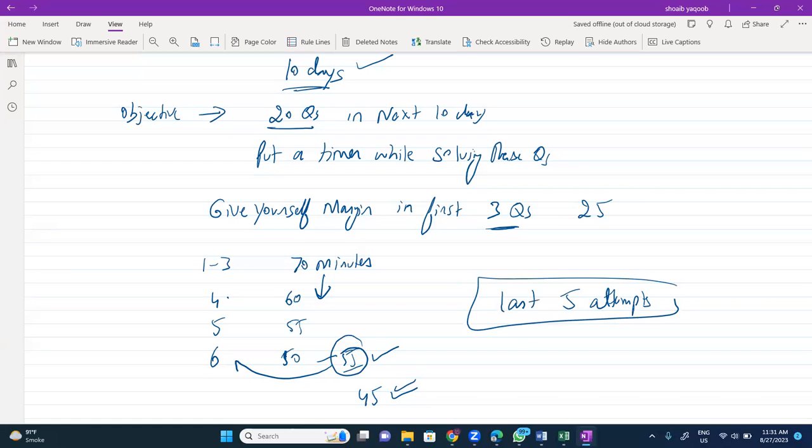If you're able to do that, increase the attempts: last 6 attempts, last 7 attempts. That is okay. There is no need to solve the 2010, 2008, 2013 questions now. Solve the latest past papers, because the paper will be tested in the latest past paper style, not the older one.